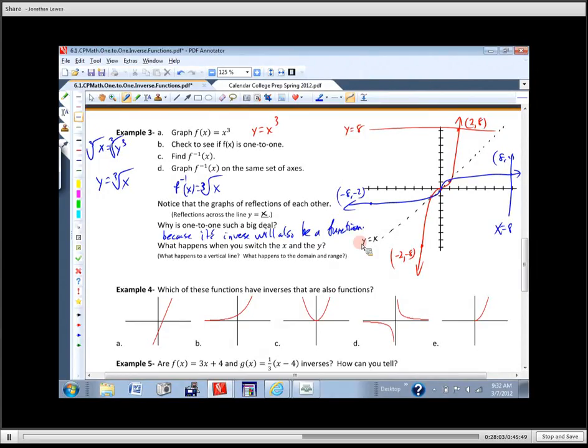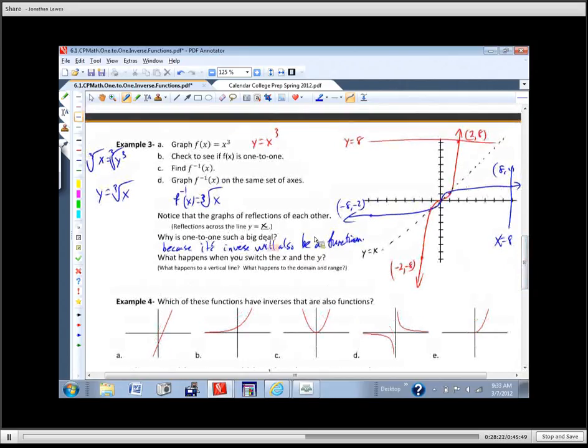And that's what we want. We want functions. Okay? Again, and we talked about this. What happens to a vertical line when we switch the x and y's? It becomes a horizontal line and vice versa. Okay? The domain for the original function would get switched for the range for the inverse function. Okay? All right, any questions on that example?